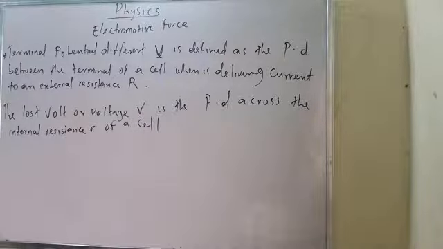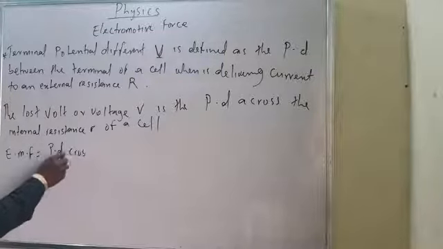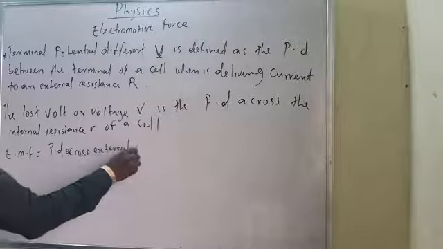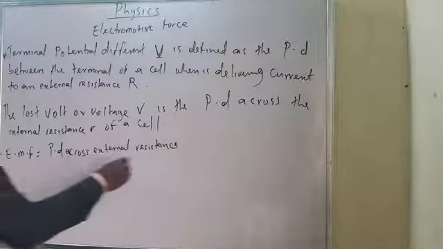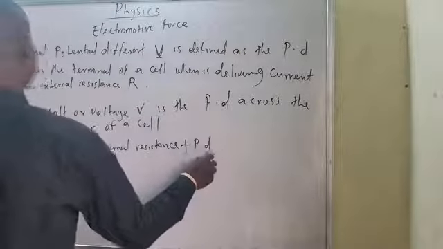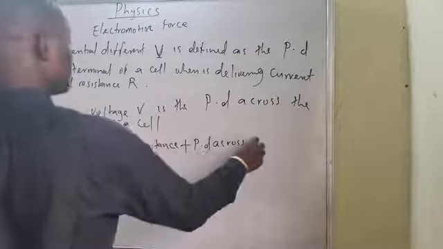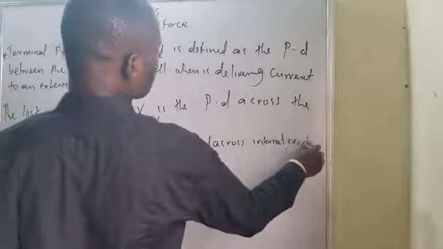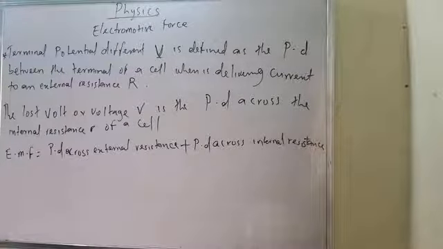We have told that electromotive force is equal to the potential difference across the external resistance plus the potential difference across the internal resistance. Okay, that is very, very important.